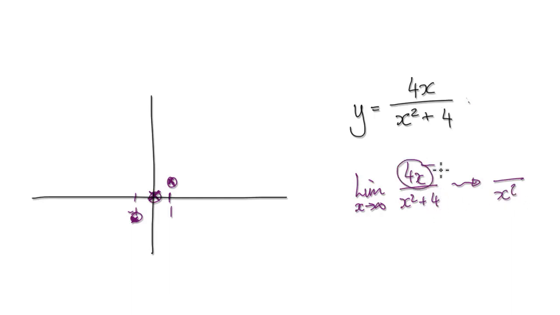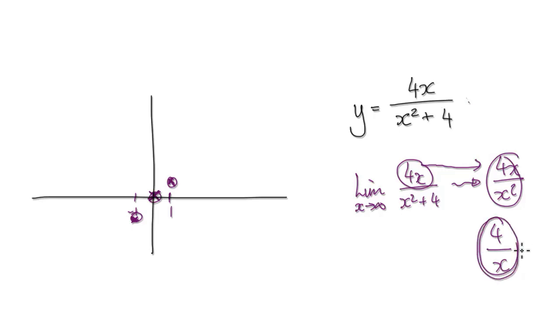The numerator will stay the same. So let's simplify this. That would be 4 over x. So as x gets very large, the graph is just going to act like this, meaning that it's going to head towards 0 from above. So we know the graph will look something like this.